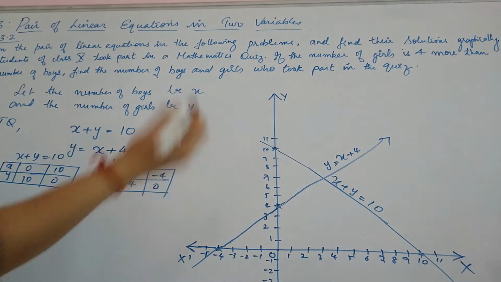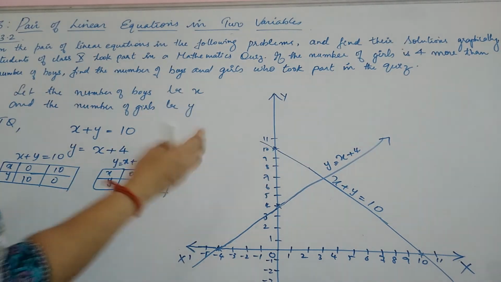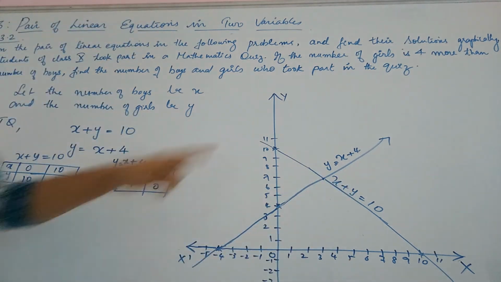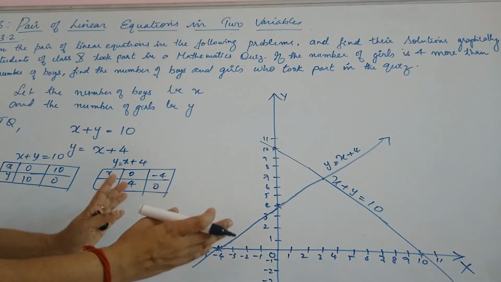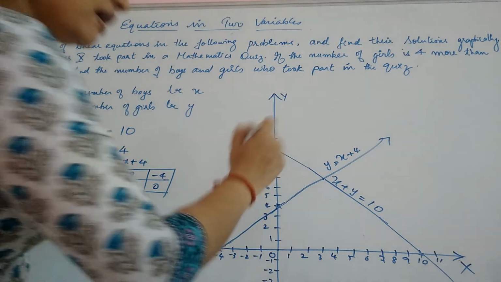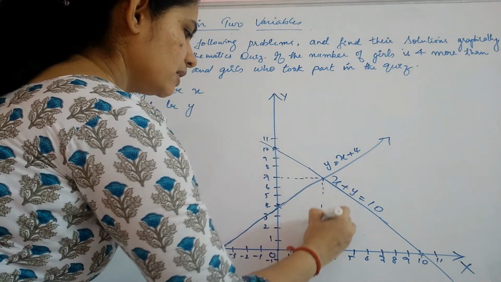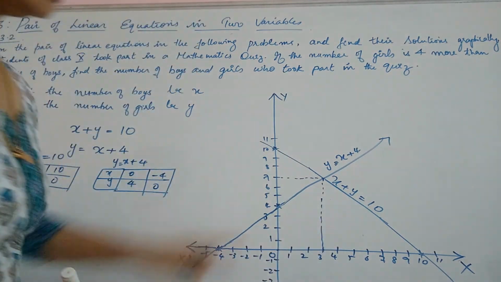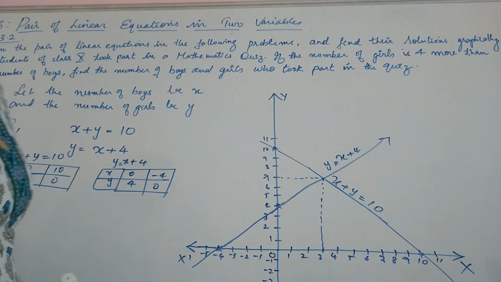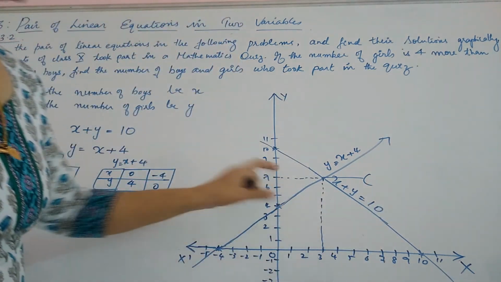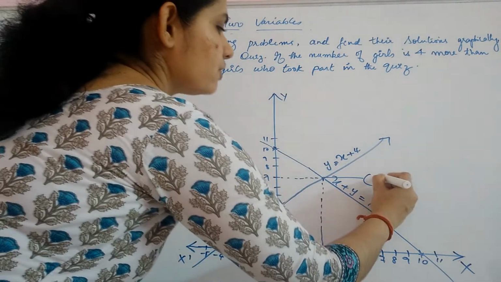Now you can see that the two lines are intersecting at a point. This is that point. Since I have not plotted on graph paper, I can read the corresponding values from the axes. This is your x, this is your y, so you are getting 3 comma 7.